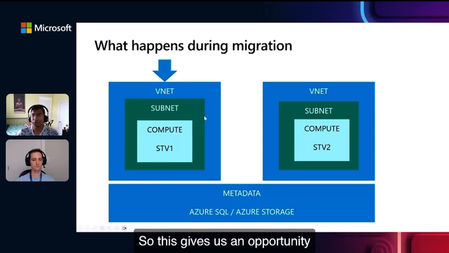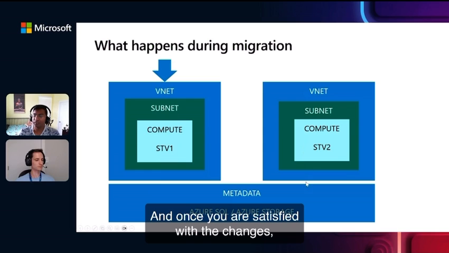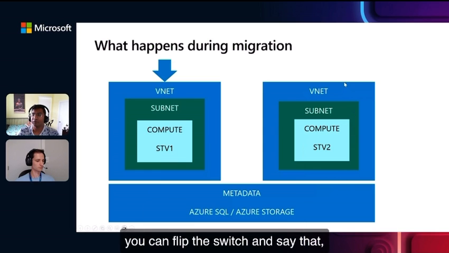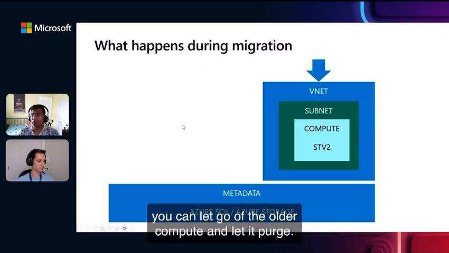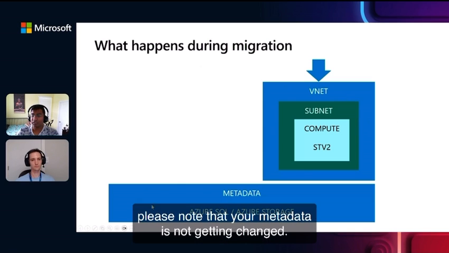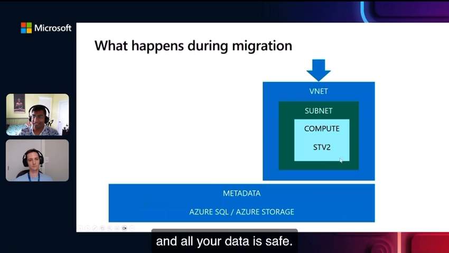So this gives us an opportunity to validate your newer compute, test it through localization techniques, and once you are satisfied with the changes, you can flip the switch and point the DNS entries to your newer compute. And once you do that, you can let go of the older compute and let it purge. In all these scenarios, please note that your metadata is not getting changed. So the underlying storage layer is not getting affected and all your data is safe.